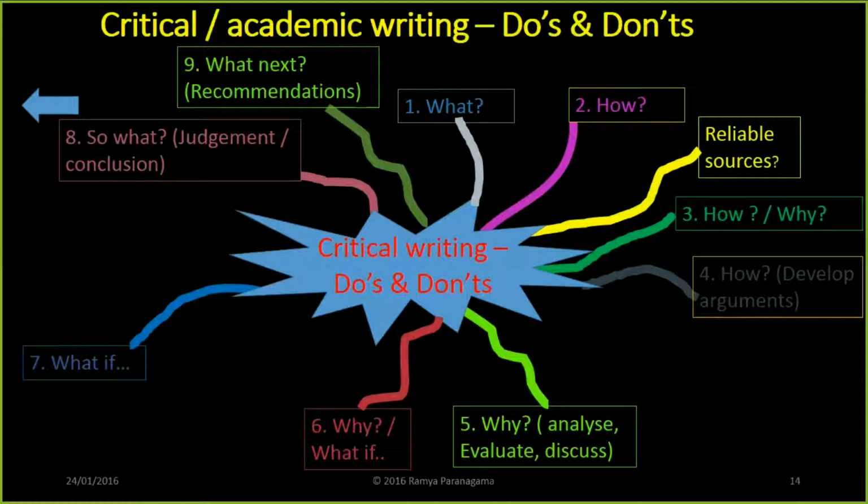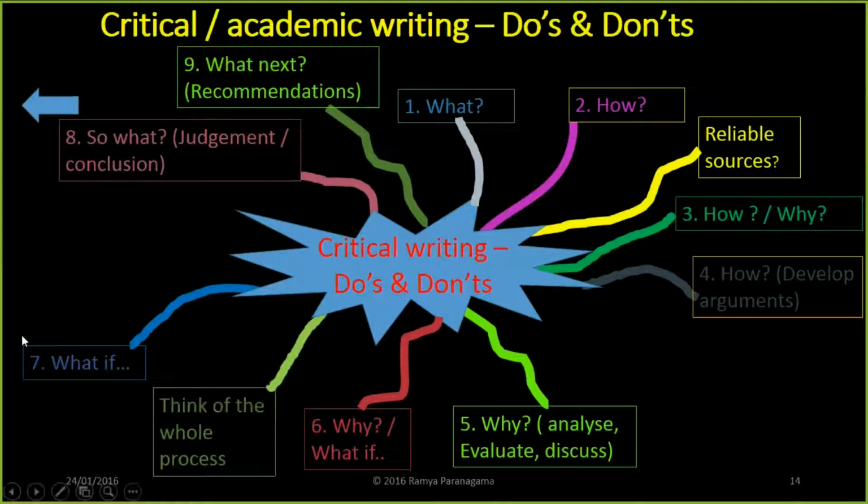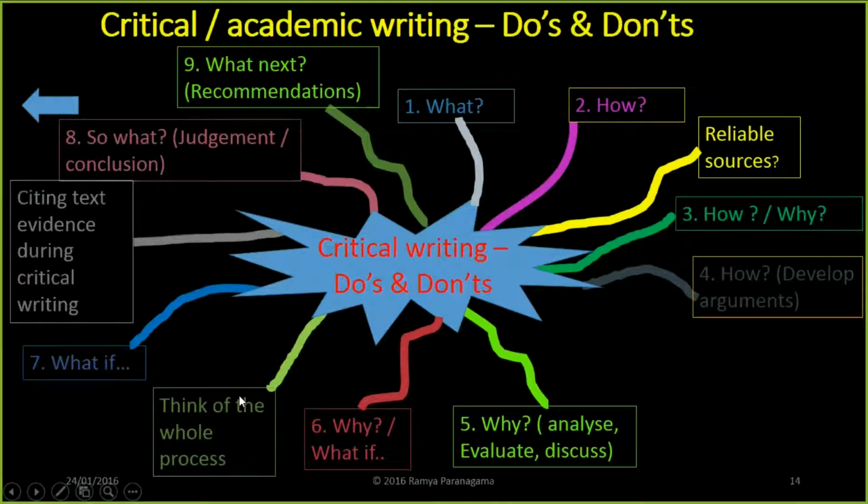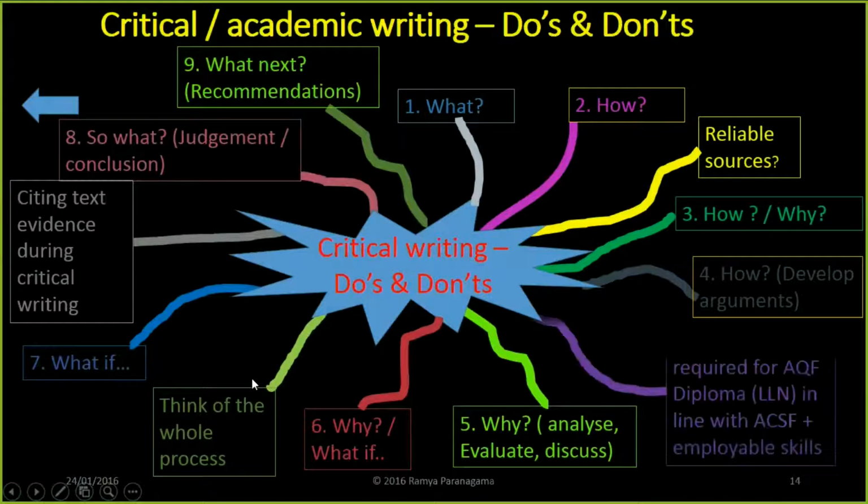Okay. Now, the other important areas, just to put it here, I think of the whole writing process. That's important. And then citing text evidence during critical writing is important. Why do we do that? Because of the writing level required for the Australian Qualifications Framework. That is the purpose.